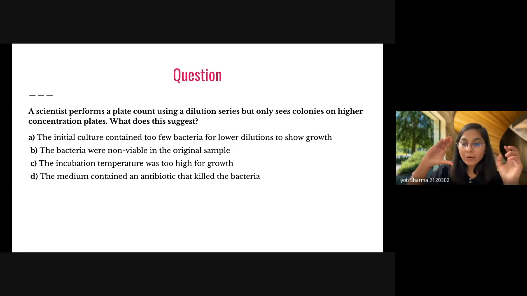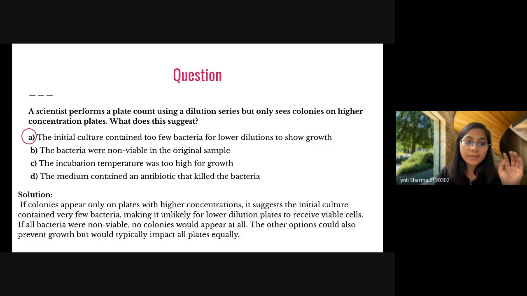Then out of this, we are again taking 1 ml of the solution. So this is how it may be that in the coming dilution series we may not be able to see the bacterial cells, right? Because in the initial culture the number of bacterial cells was low, it was not very concentrated in nature. So this is how, yes, A is the right answer.